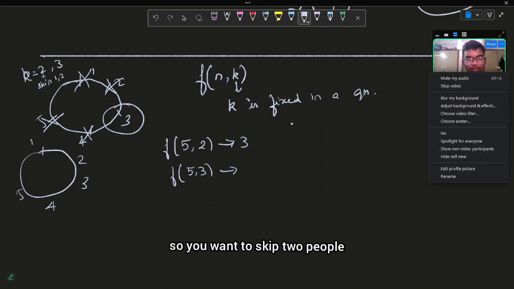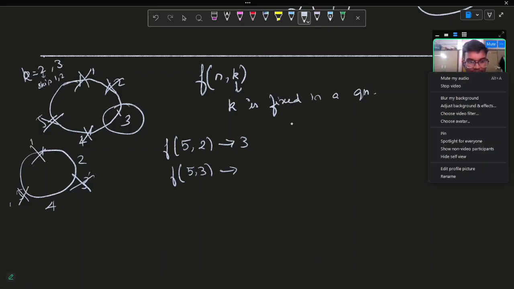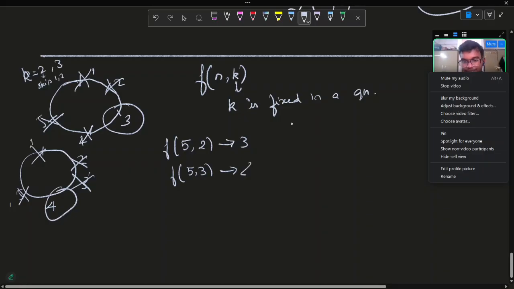So 1, 2 are skipped, 3 is killed; 4, 5 are skipped, 1 is killed; 2, 4 are skipped, 5 is killed. Now it is even more careful. We want to skip 2 people and there are only 2 people left, starting from 2. 2 is skipped, 4 is skipped, then again it came to 2 and 2 is skipped. So 4 is the solution.